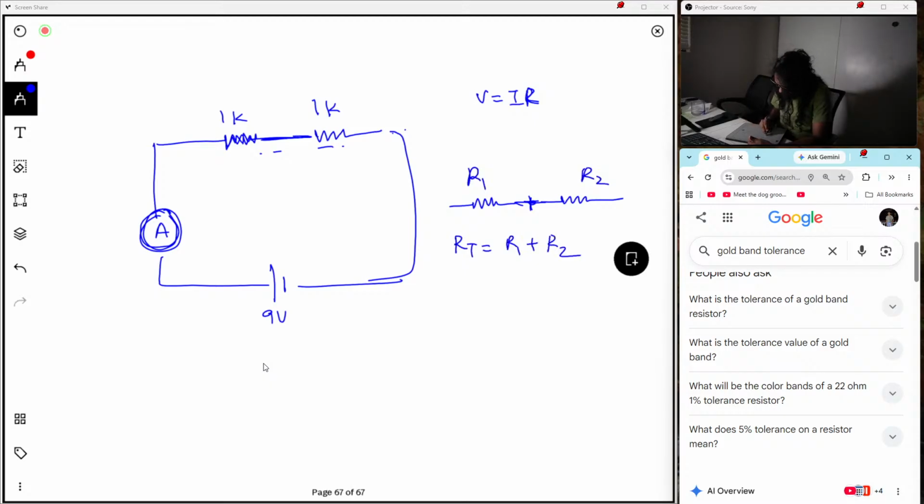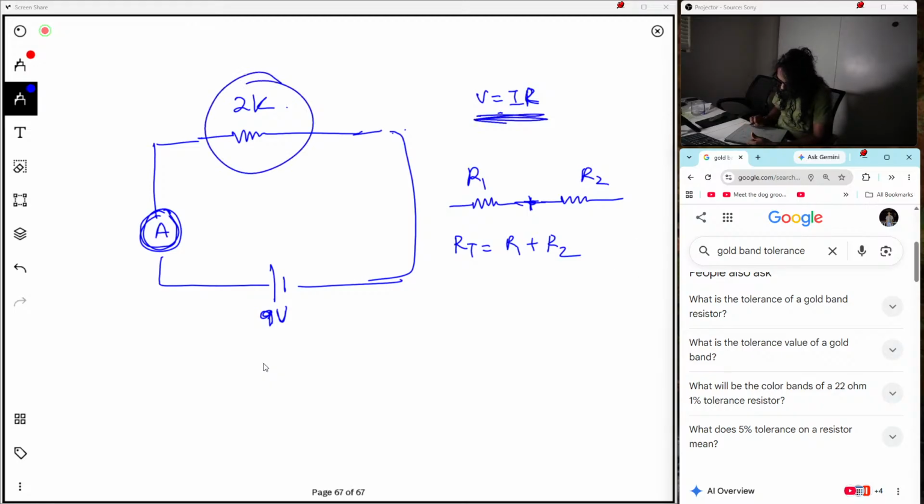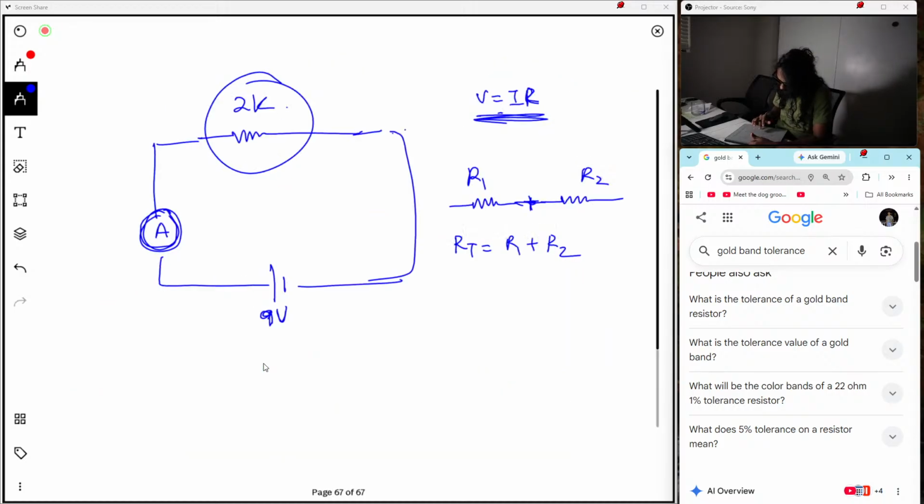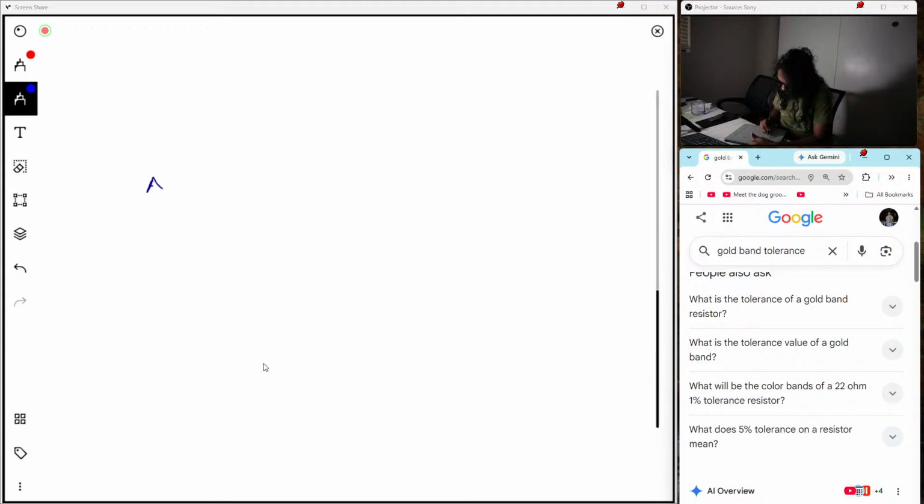If that is the case, we can simplify this circuit by replacing these two resistors with a single resistor of 2k. So we have a 2k resistor connected to a 9-volt supply. Now this looks like a single component, and for that component we apply V equal IR.